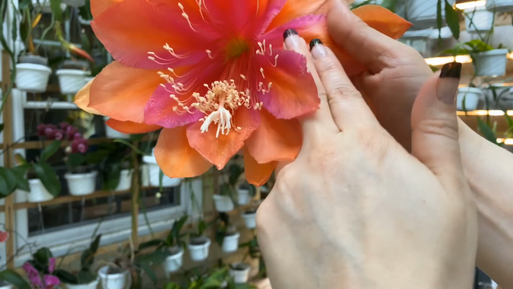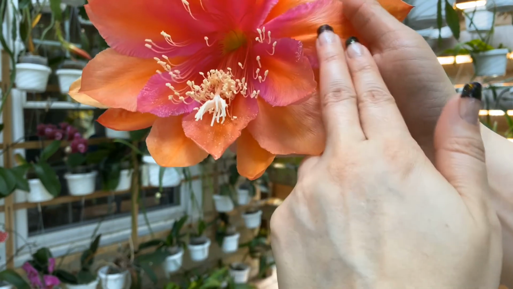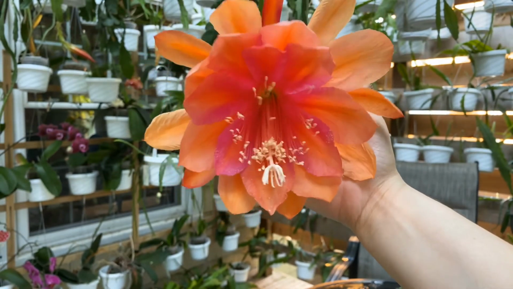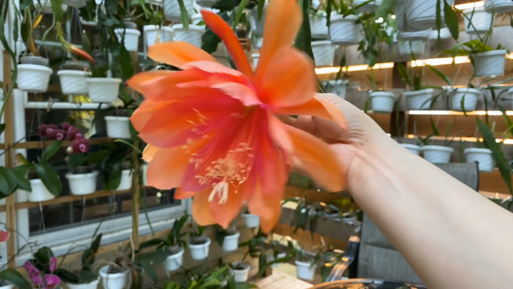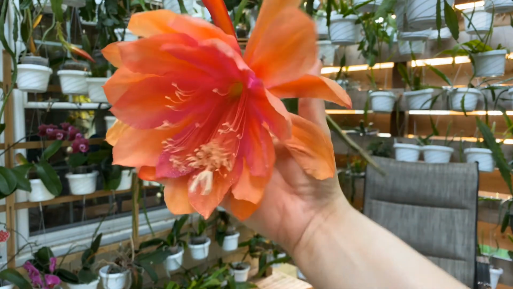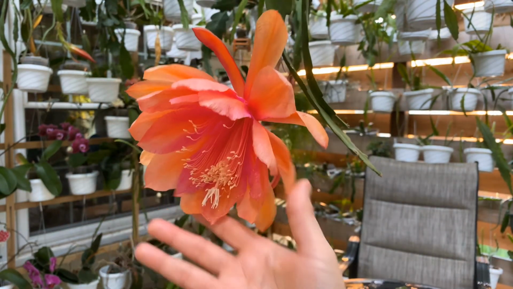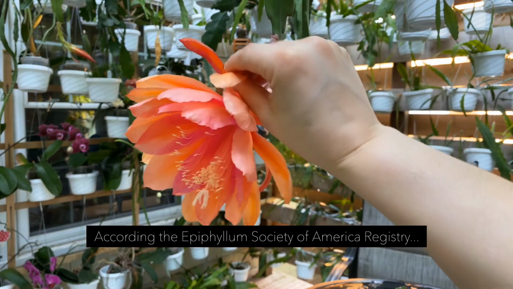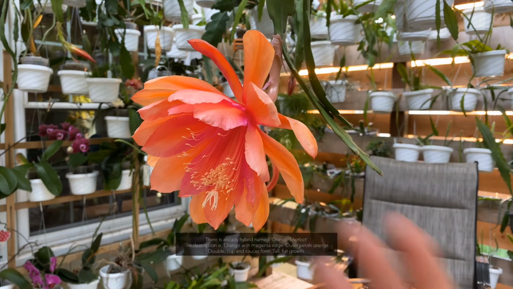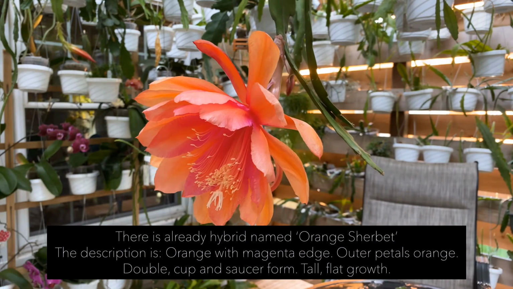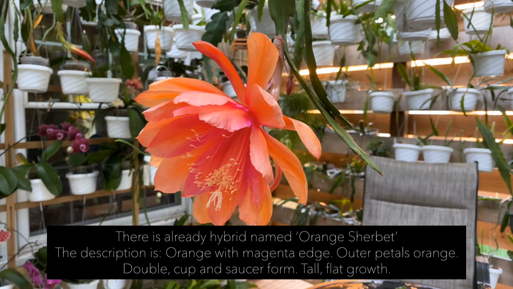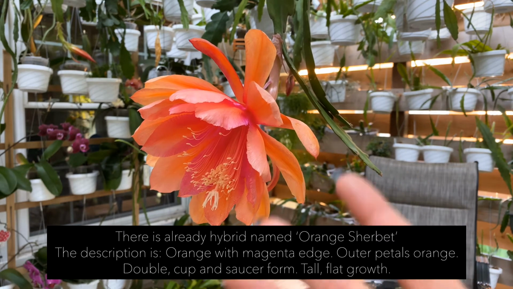So you want to be very careful about trying to give unknown hybrids like this nicknames. Let's say I said, oh, this thing reminds me of orange sherbet, and I started calling it that. Then people would think that was the actual hybrid's name, but it's not. So you really shouldn't nickname them at all, and just be very, very clear: this is a no ID. Period. I don't know what it is. It's just a no ID.